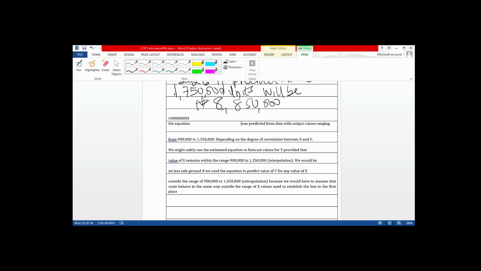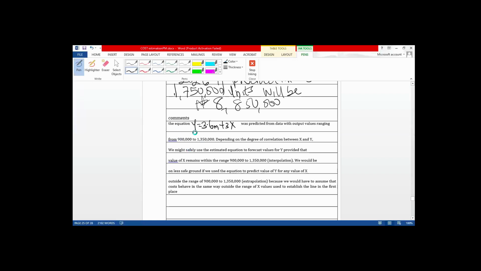All right, let's round up this question. Look at the comments. The cost equation is y is equal to 3.6 million plus 3x. I've just shortened this because of space.